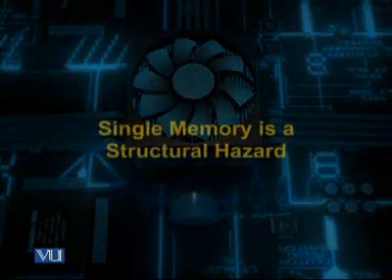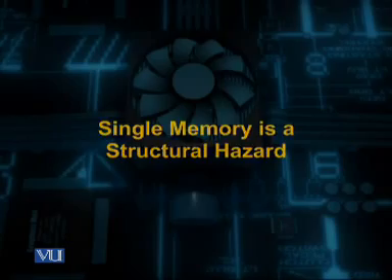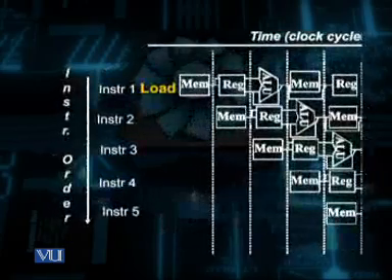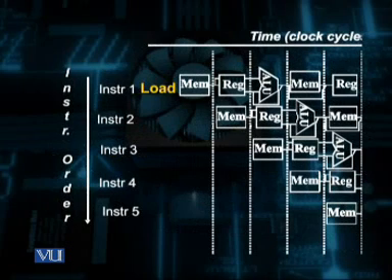As you can see from this diagram, if the first instruction is the load instruction, then in the first clock cycle the memory is accessed to fetch the instruction, whereas in the fourth clock cycle the same memory is accessed to read the data from the memory.